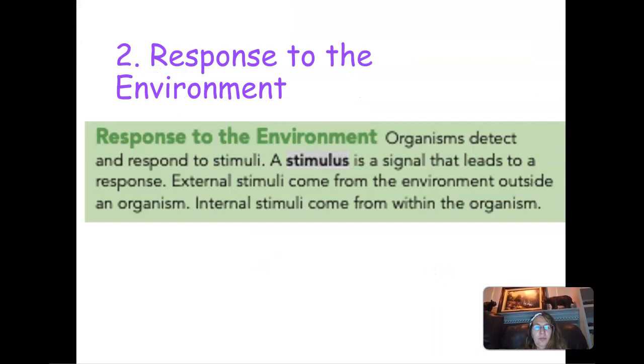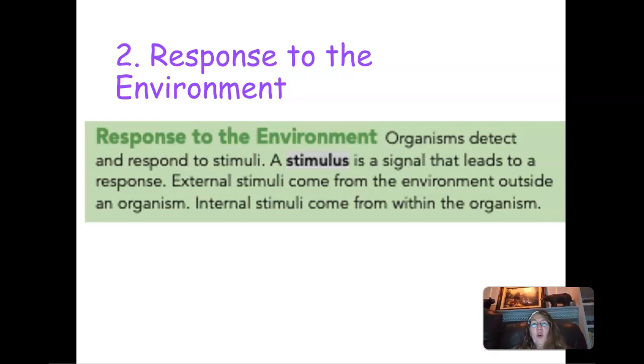The next thing that we're going to talk about in Share and Share Alike is response to the environment. Organisms have to respond to the environment they're in. If an amoeba is in water that's too warm, if it doesn't move to water that's colder, it could actually die.